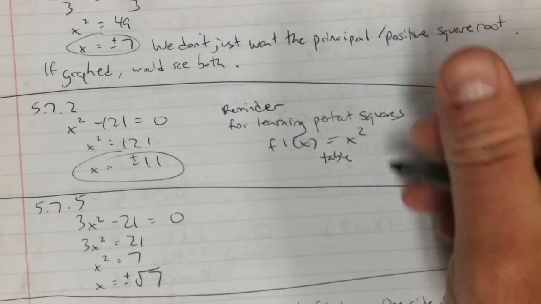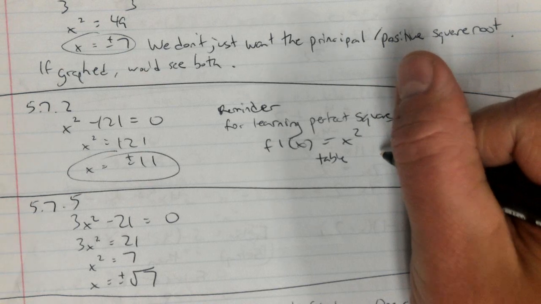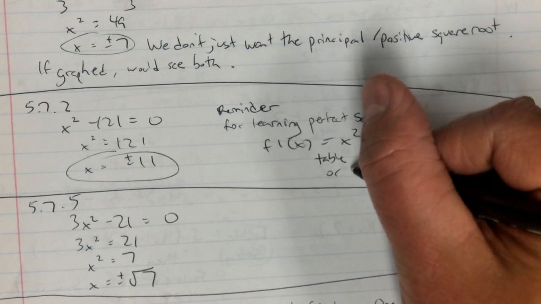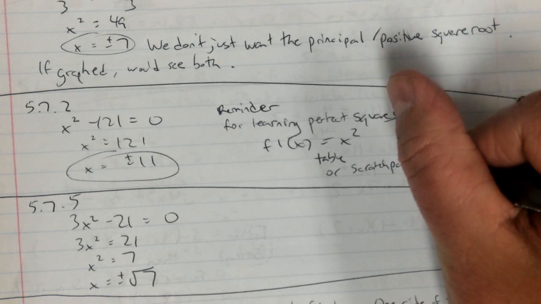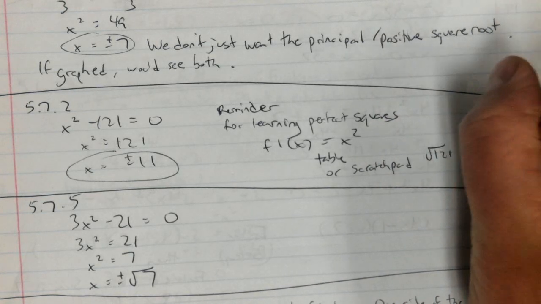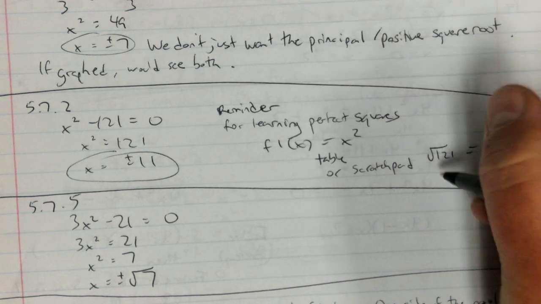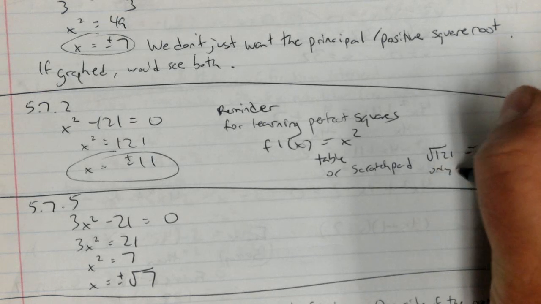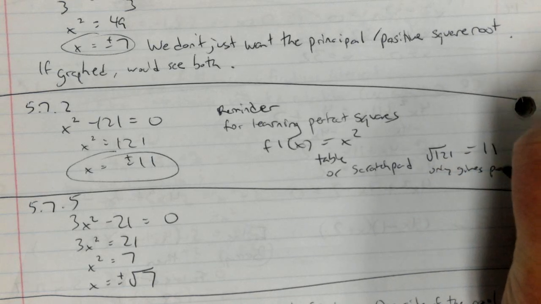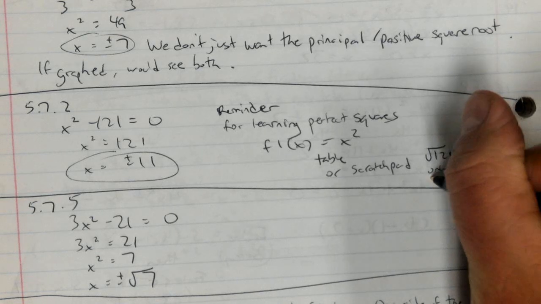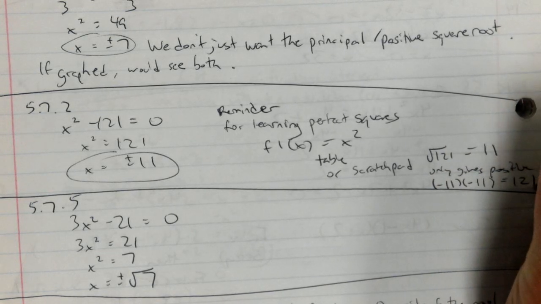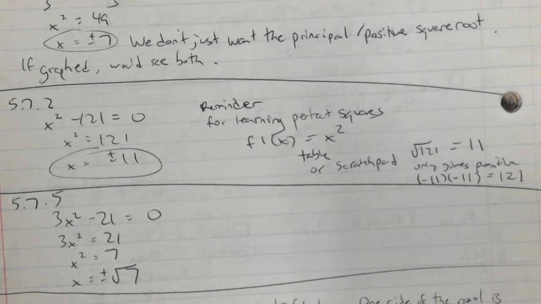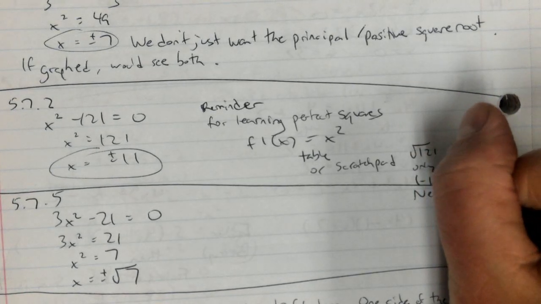And then we also said on the scratch pad, you could do square root of 121 equal 11, which only gives the positive. But if you did negative 11 times negative 11, that's also 121. So again, you need both answers.